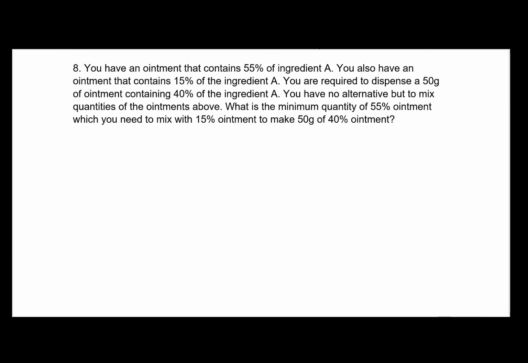Another example of alligation ointment. You have an ointment that contains 55% of the ingredient, and you have 15%, and you're required to make 40%. Okay? So I have 15%, I have 55%, and I need to make 40%.